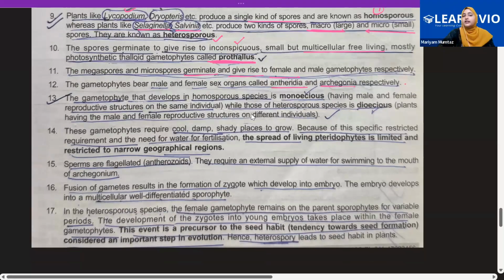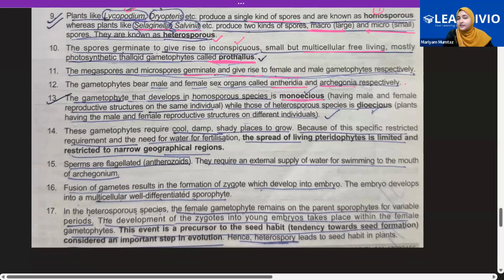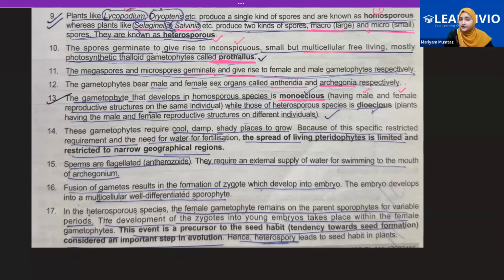Now, furthermore, the gametophyte that develops in homosporous species, meaning from one type of spore producing species, is monoecious. What is the meaning of monoecious? Wherein the male and the female reproductive structures are present in one individual.